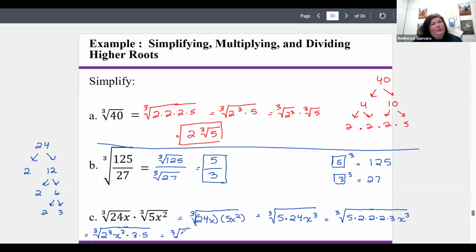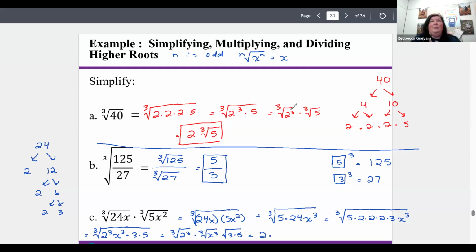So cubed root of 2 cubed, cubed root of x cubed, times the cubed root of 3 times x is going to leave us with a 2 times, because n is odd, as long as n is odd, the nth root of x to the n brings me back the number it was inside.